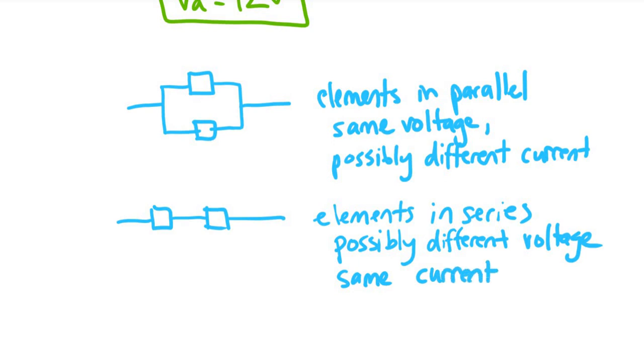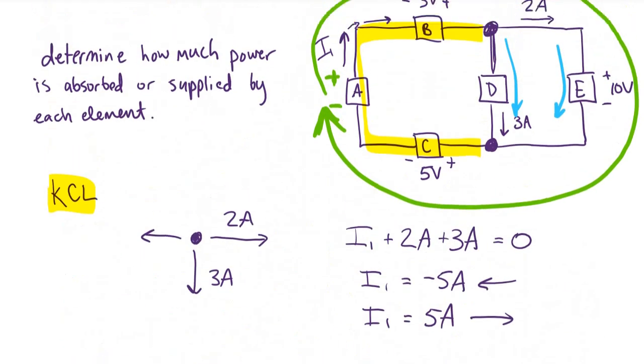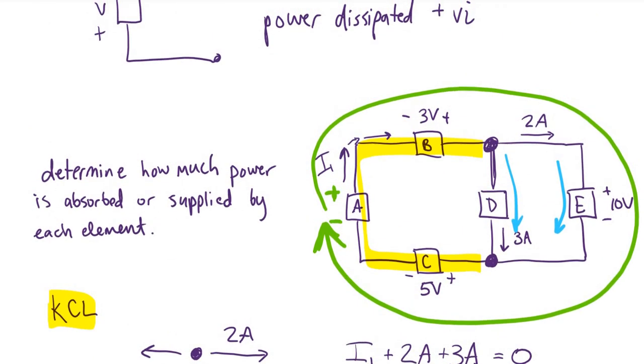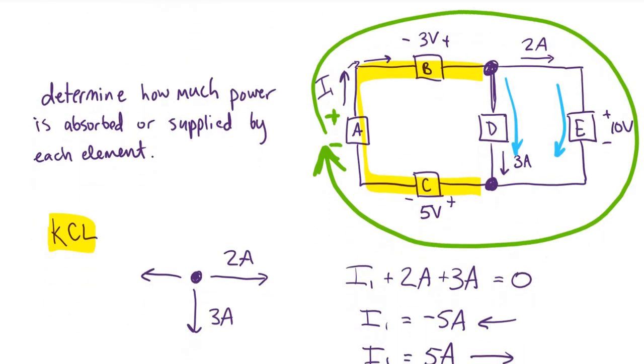right? And we saw that as we've been doing our node analysis, that if you look at our left-hand highlighted in yellow branch here, we have the same current going through that entire branch. And if you really wanted to prove that to yourself, you could do a node analysis at this bottom left-hand corner.